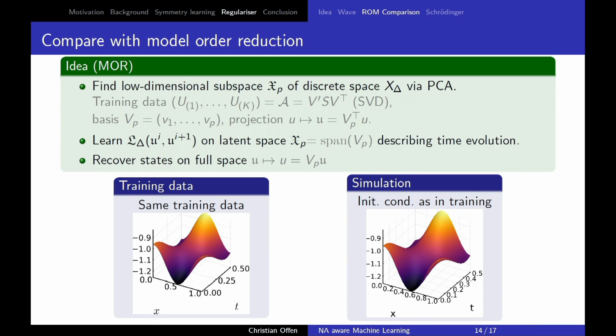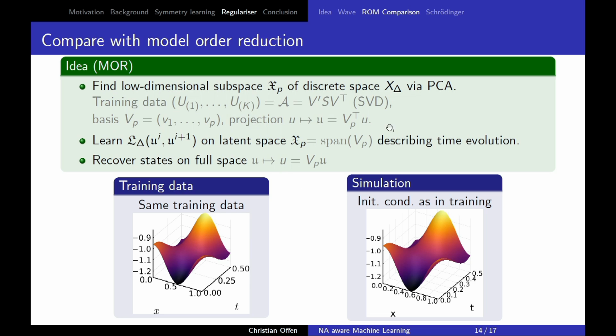And if you compare this, what other people often do is that they say, okay, we have to learn a PDE, let's reduce it to the ODE case by just projecting all the training data to some learned latent space, and then learn an ODE on this latent space, and then later recover the full solution to the PDE. So, for instance, by principal component analysis in the spatial direction, right?